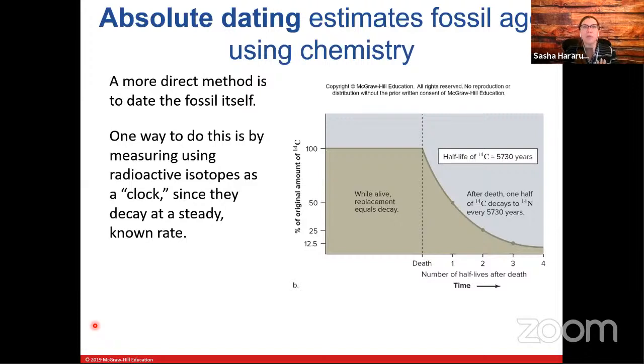So while the organism is alive, it's constantly resupplying itself with fresh carbon-14. So we don't see the decay of carbon-14 as the organism lives. We only see it after the organism stops eating, so we see it after the organism dies. So we cannot use carbon dating to figure out how long an organism lived. We can only figure out how long ago it lived.